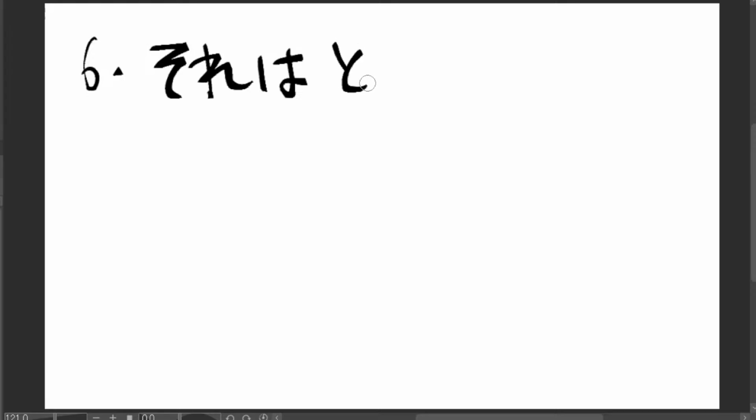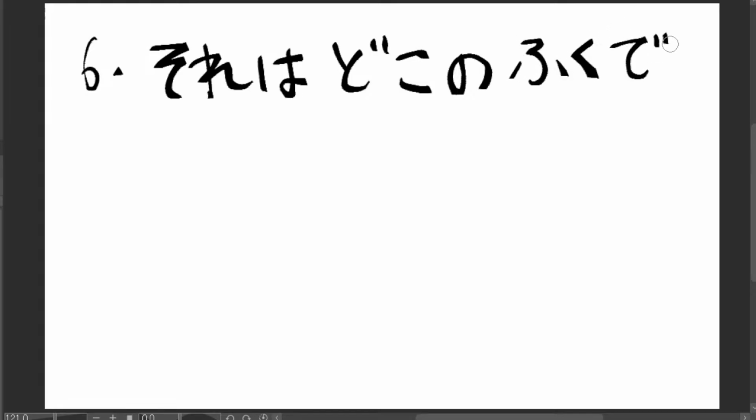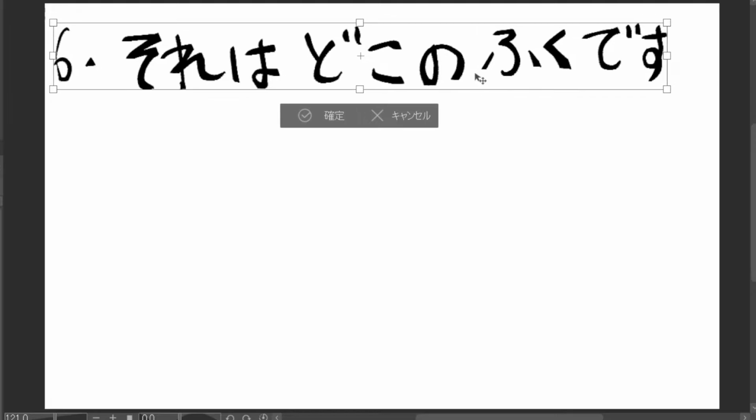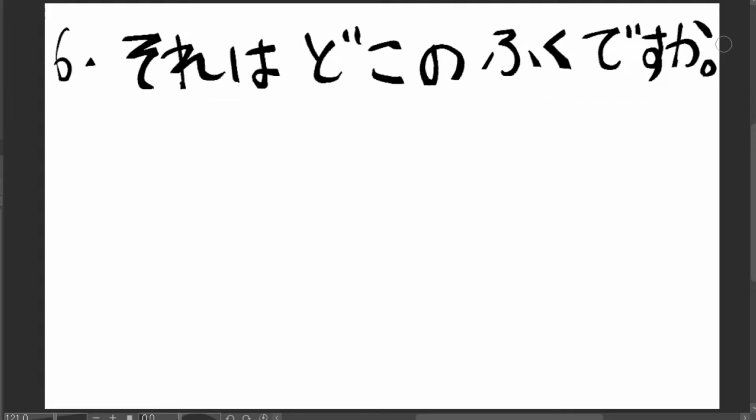例文 number 6. 6番目。それはどこの服ですか？ We learned それは last time: that is. どこの, where from, or whose country? どこの服ですか？ I wrote that too big. それはどこの服ですか？ So 服 means clothes. どこの, where from?